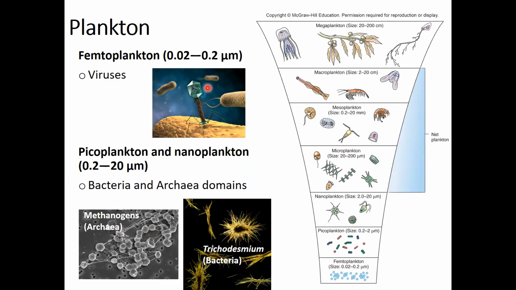So remember, these are non-cellular organisms that can insert genetic material into a bacteria. The nanoplankton and the picoplankton are mostly bacteria and archaea. So from the bacteria and archaea domains, they can include methanogens and trichodesmium, the cyanobacteria colonies.